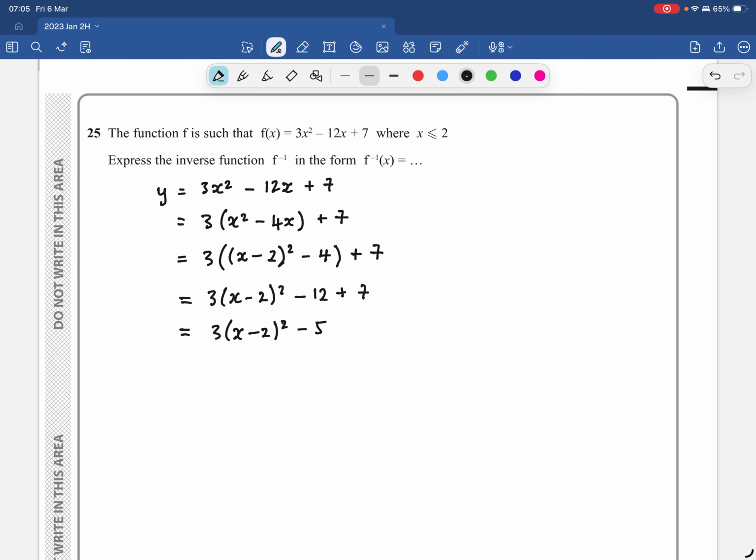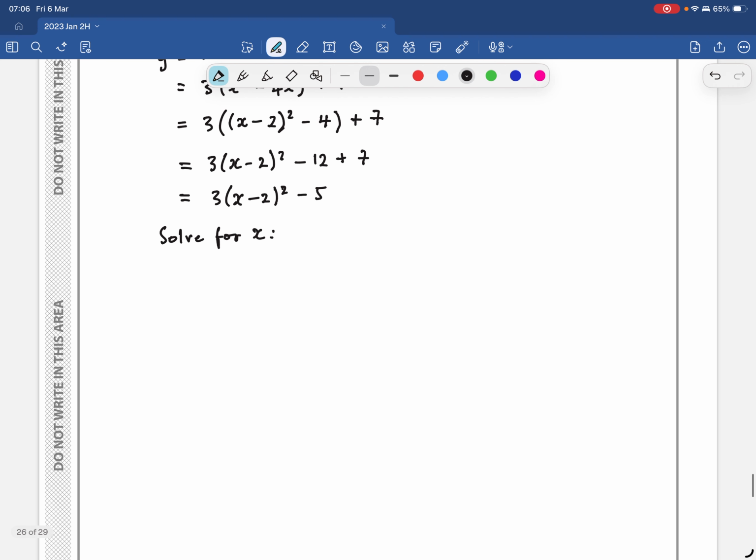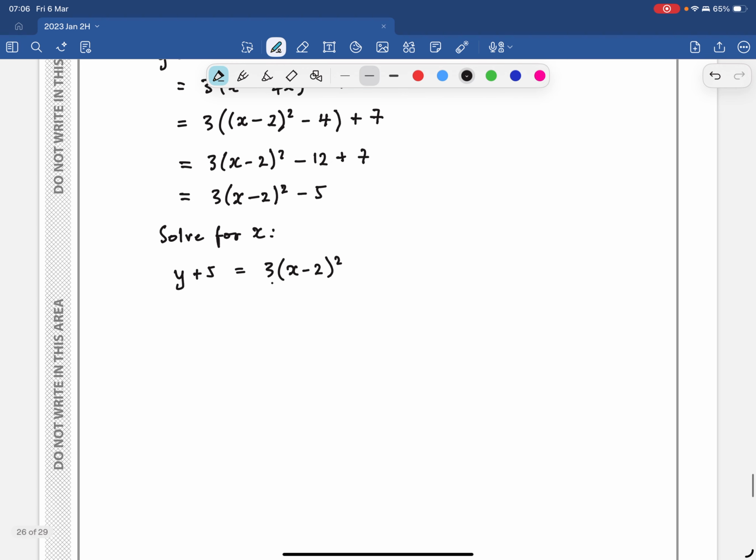And now I'm in completed square form, and it's kind of as if this is an easier question now, and I can just unpick and solve for x. So I'm going to write that down, solve for x. Let's go. So y plus 5 now. So this is the inverse operation that I'm doing first. Add 5 equals 3(x minus 2) squared. The next thing I need to do, because of BIDMAS, is the division by 3 to get rid of that.